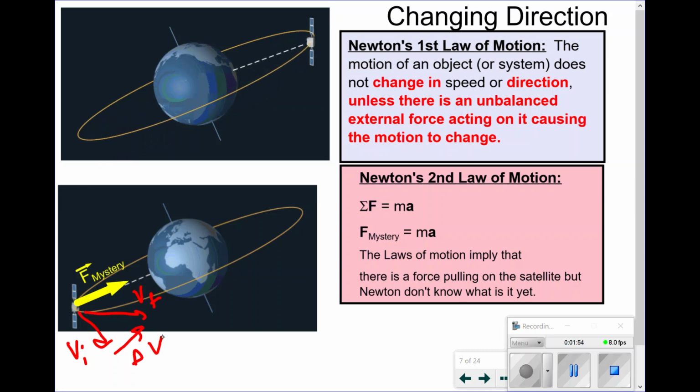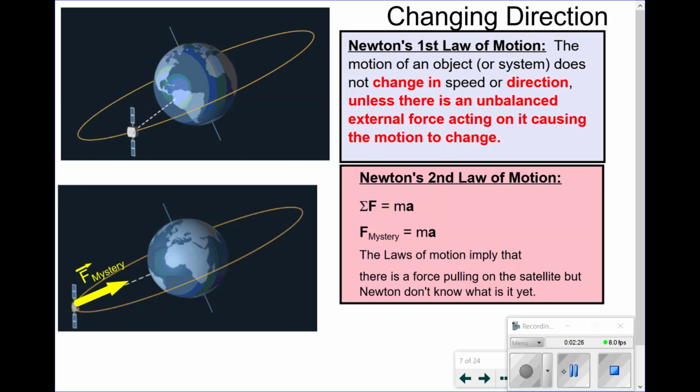This means this is the direction of the acceleration, which means the force must be pulling towards the center. Now, Newton did not know that this was gravity. He had not developed such a concept, but he knew that there was a force that had to be pulling these things inward. So some sort of mystery force, and he had named it the centripetal force, or at least we named it the centripetal force because it pulls inward.